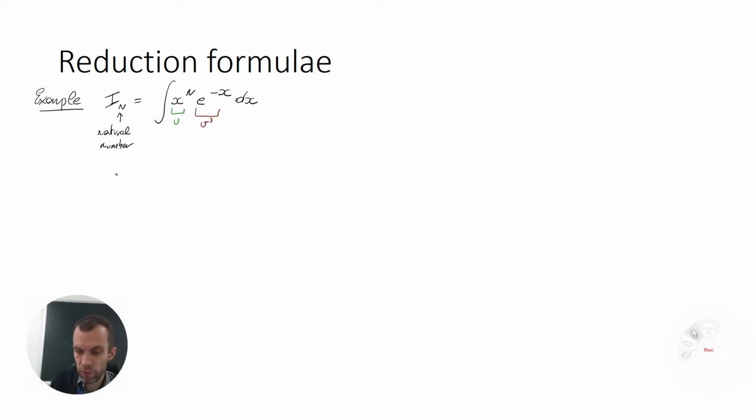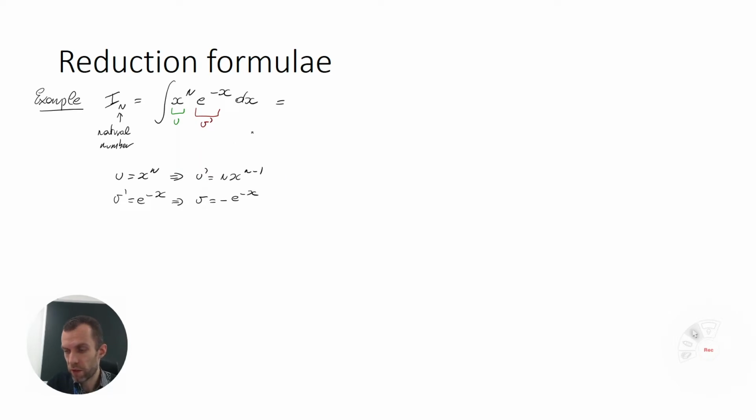So if u is x to the n, then u prime is n times x to the n minus 1, and if v prime is e to the minus x, then v is minus e to the minus x.